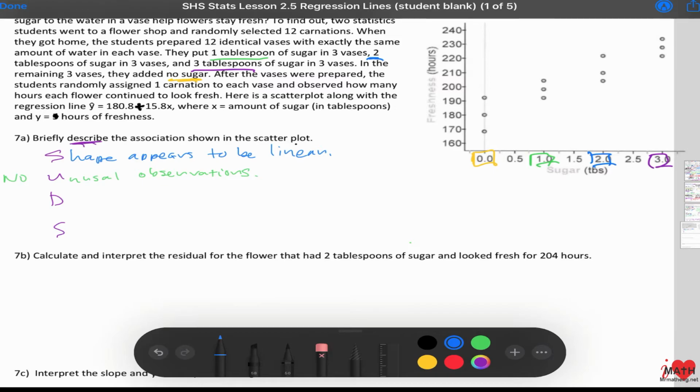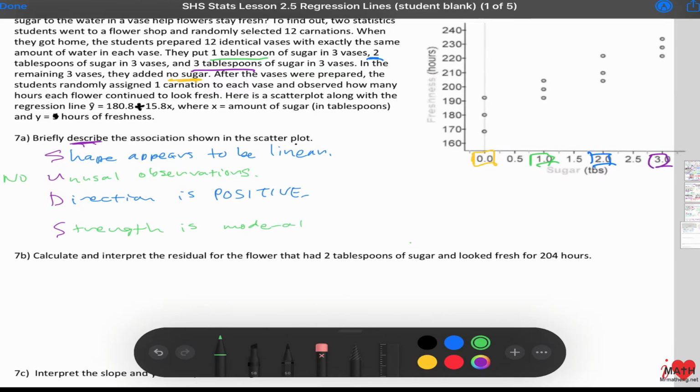What's D? Direction is positive. And what's our strength? Strength is strong, moderate, or weak. Strength is moderate.